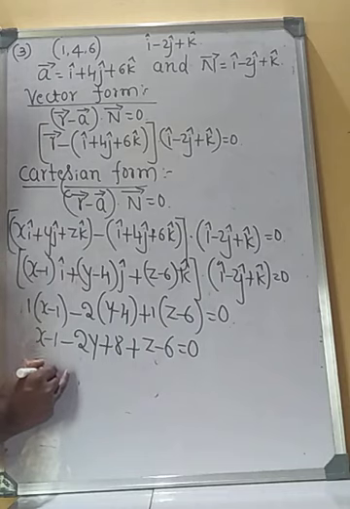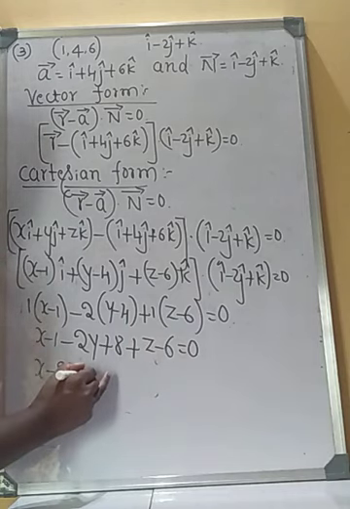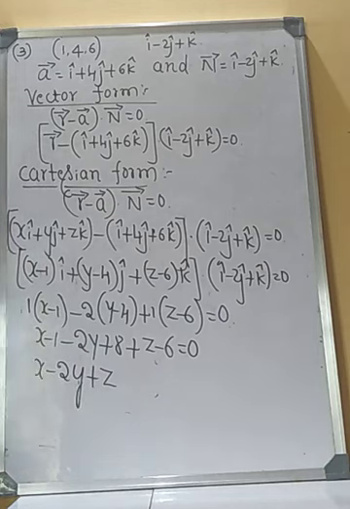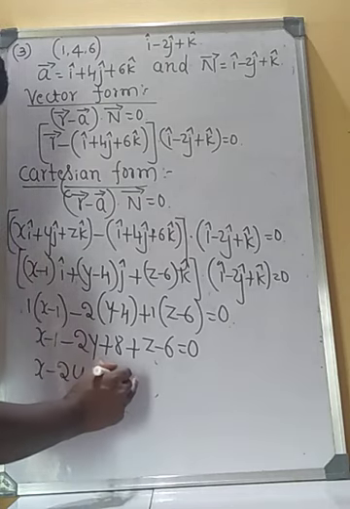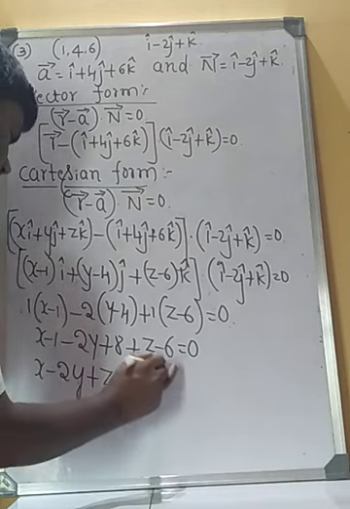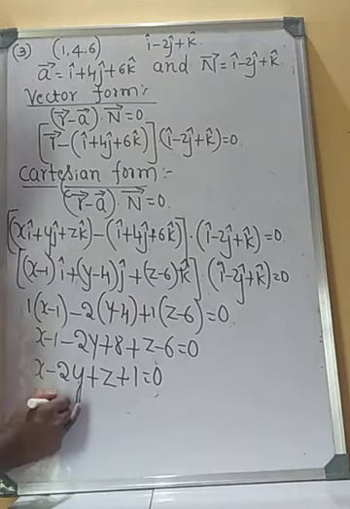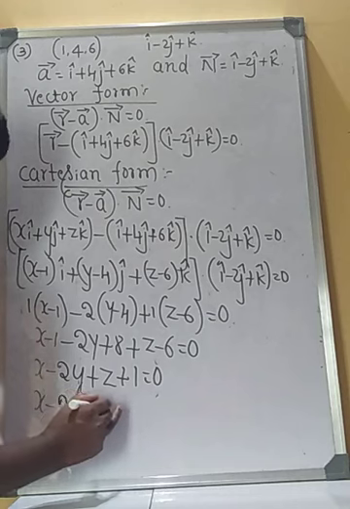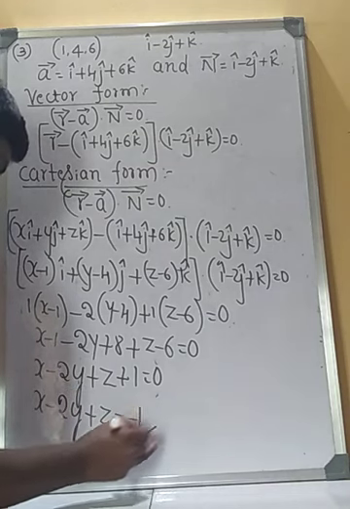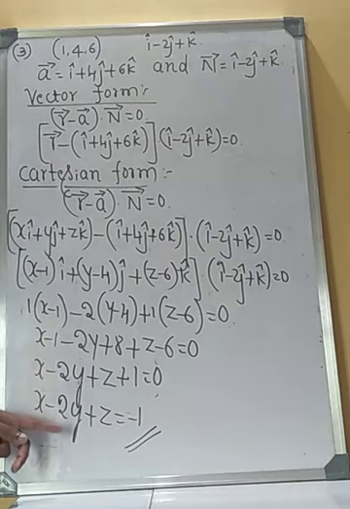Therefore x minus 2y plus z, 8 minus 7 is plus 1, equal to 0, or we can write x minus 2y plus z is equal to minus 1, which is the Cartesian form of equation of a plane.